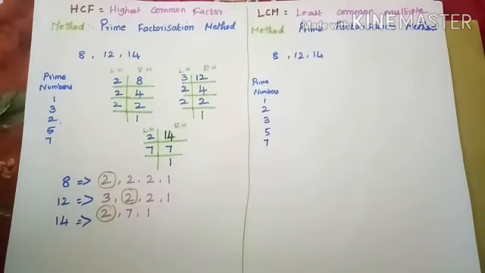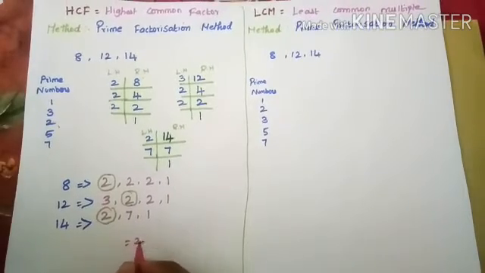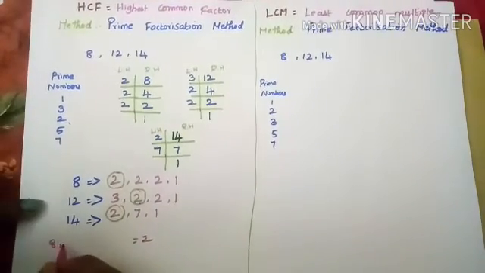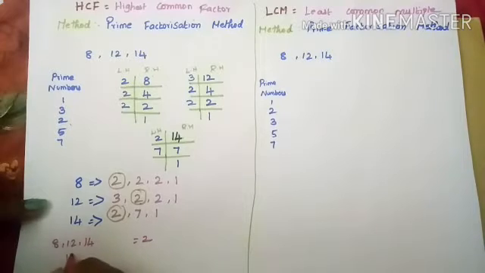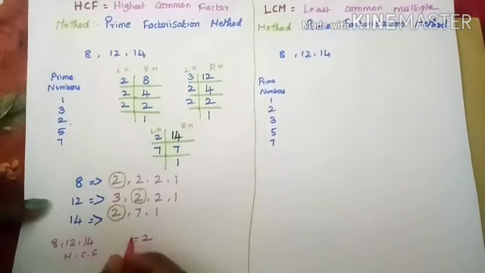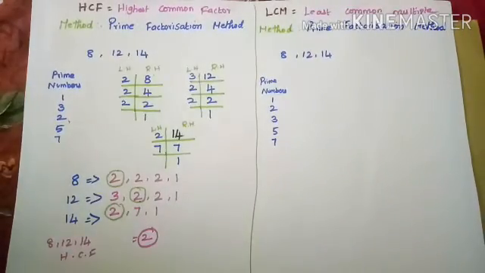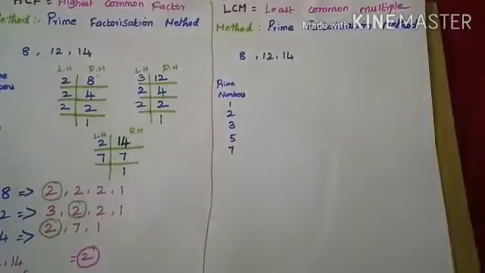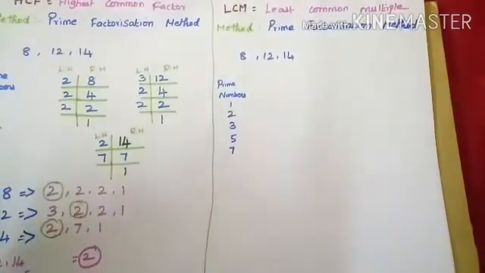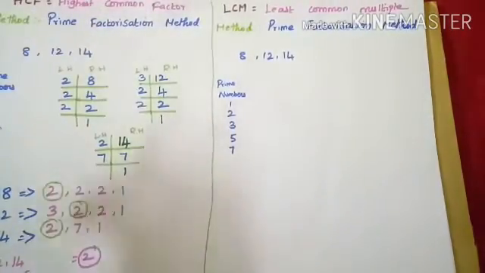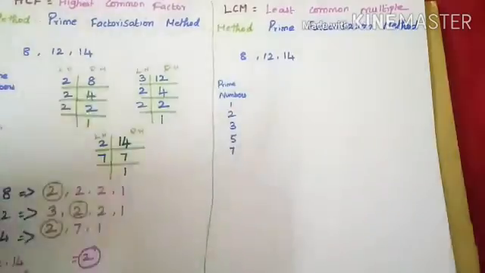That number is the factor of HCF, the highest common factor. So 2 is the HCF of 8, 12, 14. HCF is 2. Got it? So for LCM, we are going to repeat the same process.